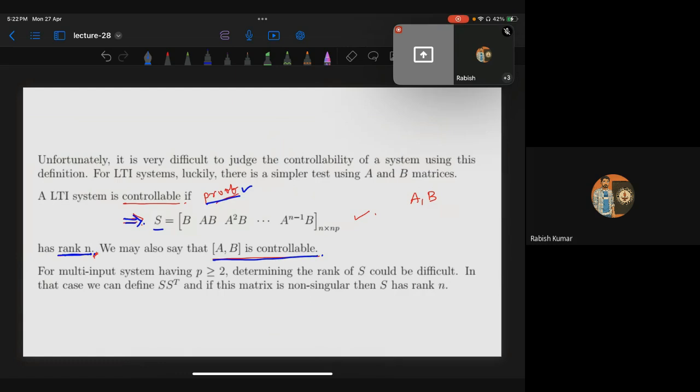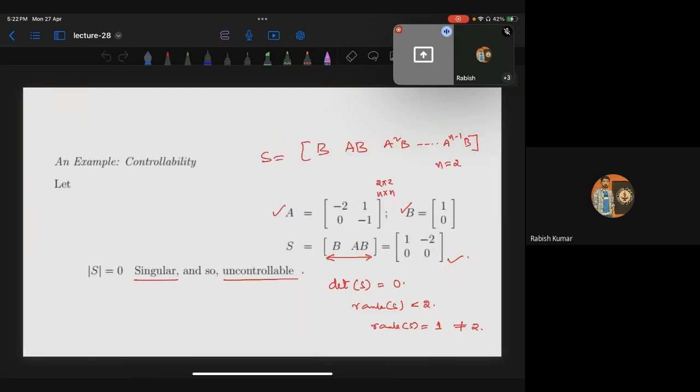Now consider this simple system. We have x dot is equal to Ax plus Bu. Let's say the A matrix and B matrix are given. A matrix is 2 by 2, B matrix is 2 by 1. Here n is equal to 2.